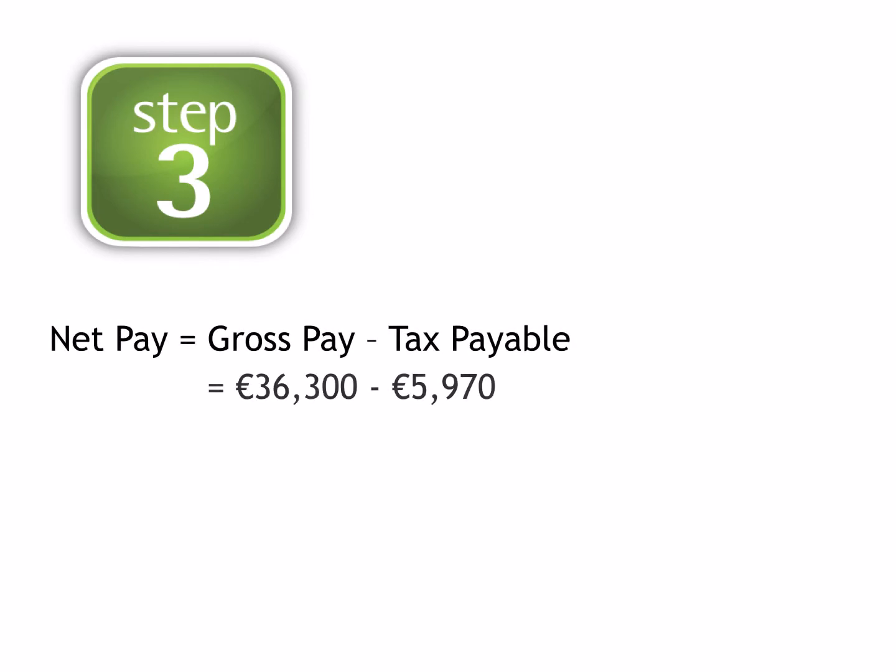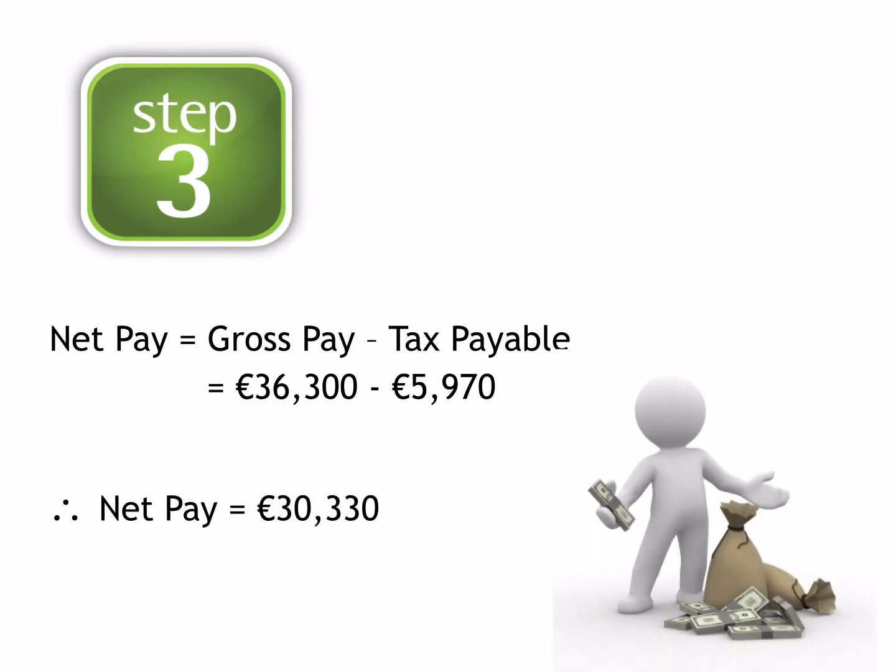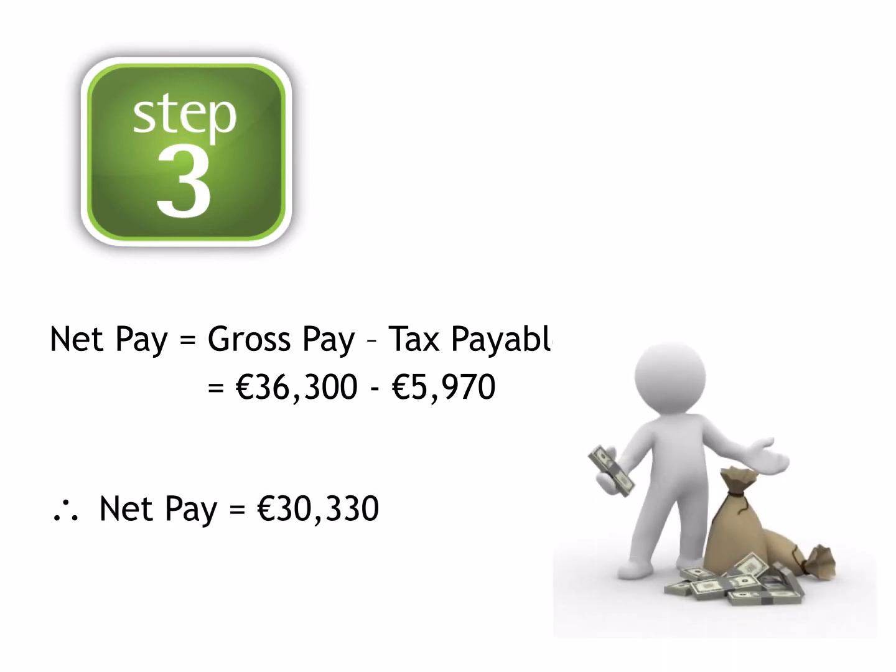And finally, step 3, calculating Tadhg's net pay. Here, we subtract our previously calculated tax payable from the original gross pay. €36,300 minus €5,970 gives Tadhg a take-home net pay of €30,330.